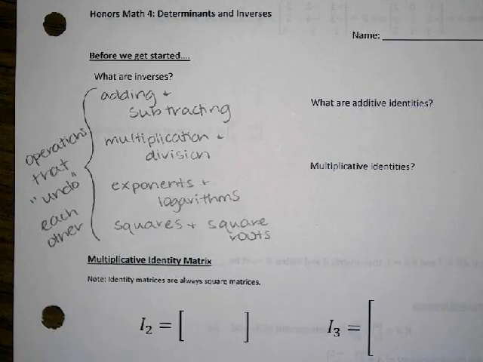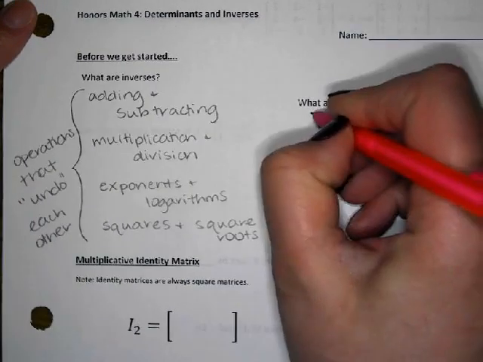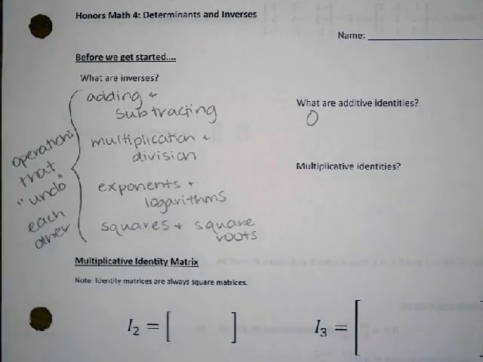Okay, so one thing that you know that you've never put words to is that the additive identity is 0. If you were to take any number and add 0 to it, you get the original number. 5 plus 0 is 5. 3 plus 0 is 3. -7 plus 0 is -7.